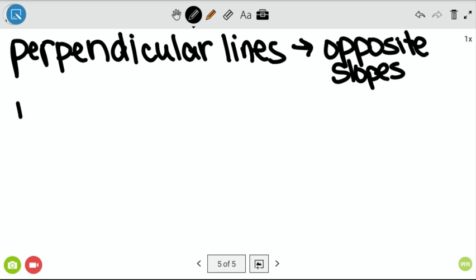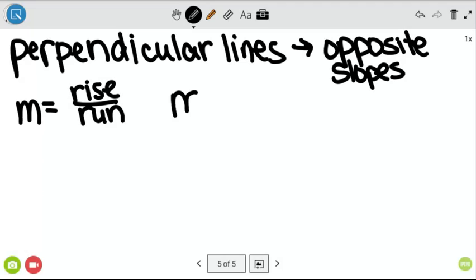So a slope is normally the rise over the run. Now, if you do a slope that's perpendicular, you do the opposite sign, and then you flip the rise over run to find out the new slope.